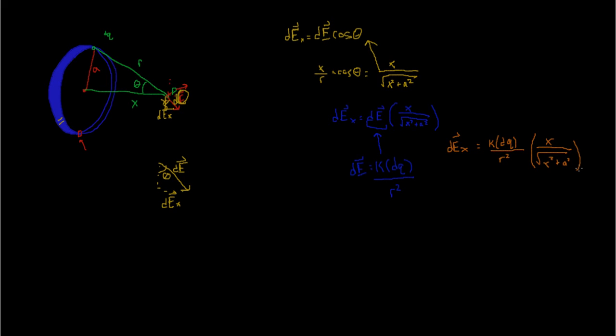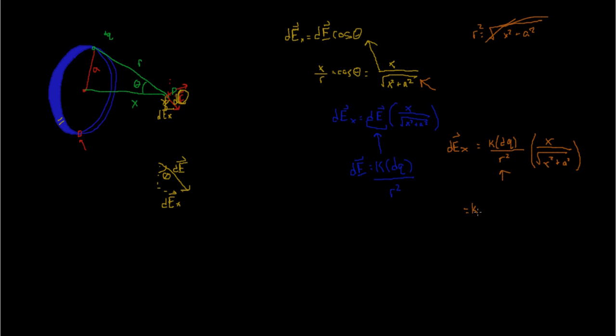Now what we can do is, using the same Pythagorean theorem we used right here to convert r into square root of x squared plus a squared, we can convert this r with Pythagorean theorem. So if r equals the square root of x squared plus a squared, then that r squared will just equal x squared plus a squared.